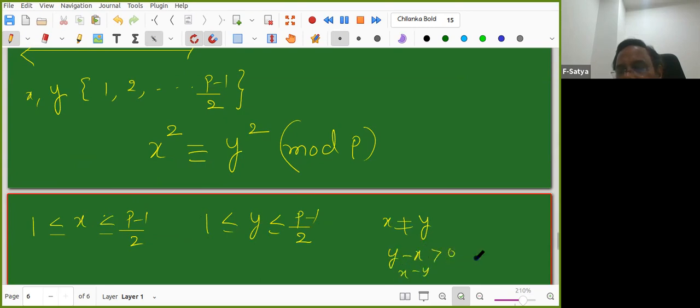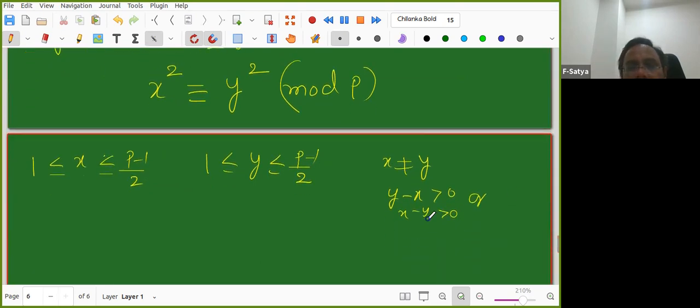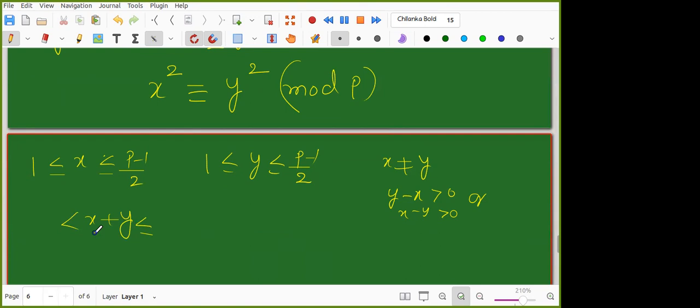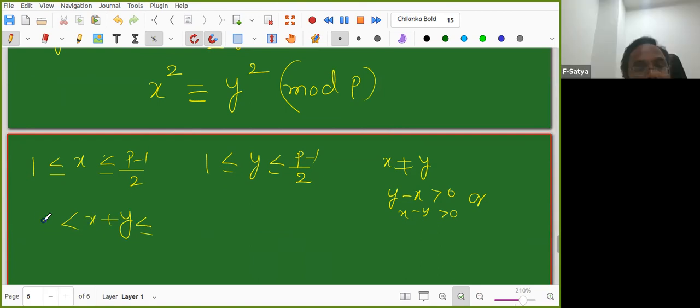Keep all this with us. And what do you know about x plus y? It lies between 2 and p minus 1. Yes.